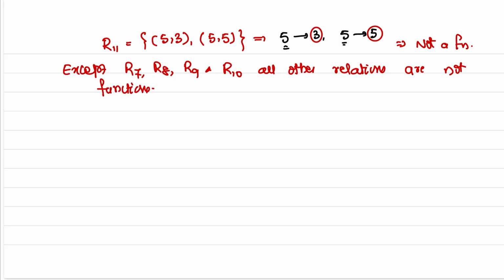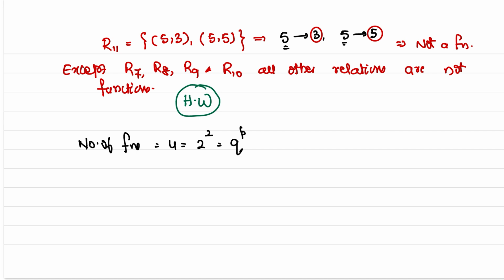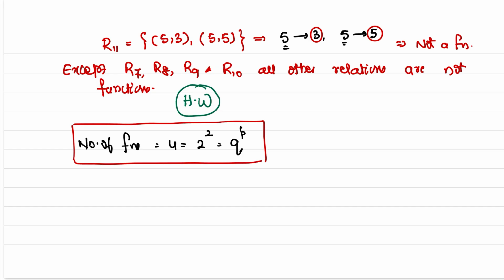Cross check, that is your homework. Treat it as a homework and cross check. Hence, number of functions is equal to 4, that is 2 to the power of 2, that is equal to q to the power of p. And all those 4 functions are defined and we have identified.